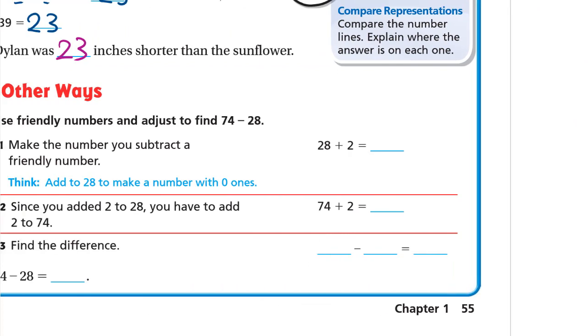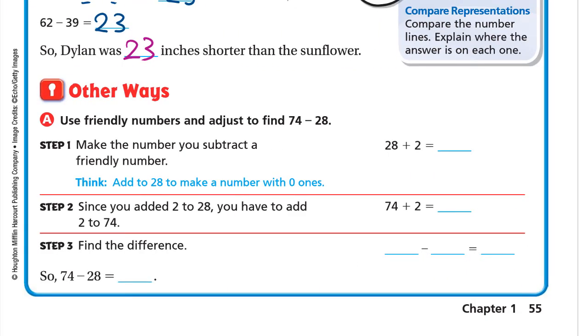Okay, so here in friendly numbers, by friendly numbers we mean numbers with 0 in the ones place, numbers that we can subtract easily. Here we have 28. 28 needs 2 to be a friendly number. So 28 plus 2 equals 30. So 30 is a friendly number. I can subtract it easily.